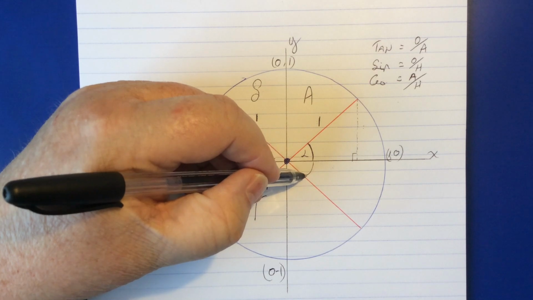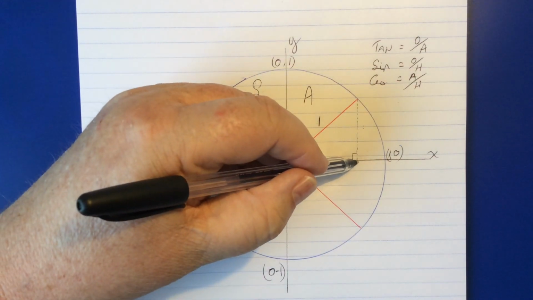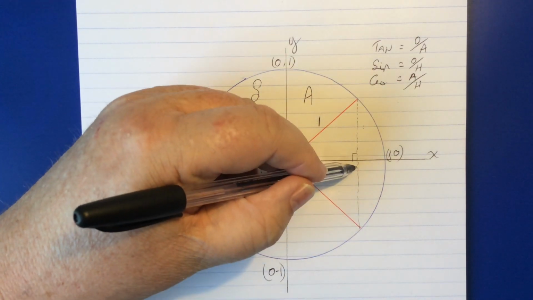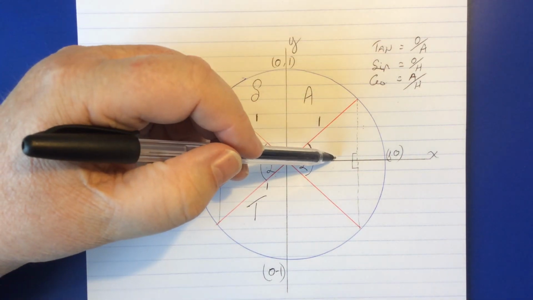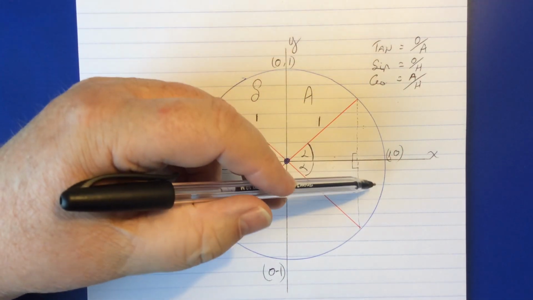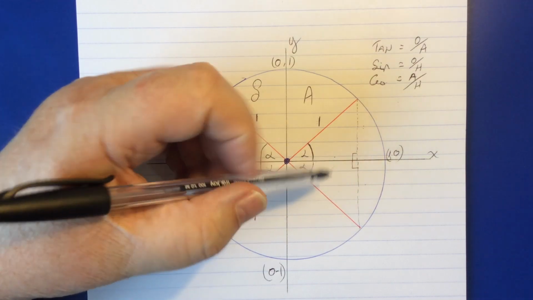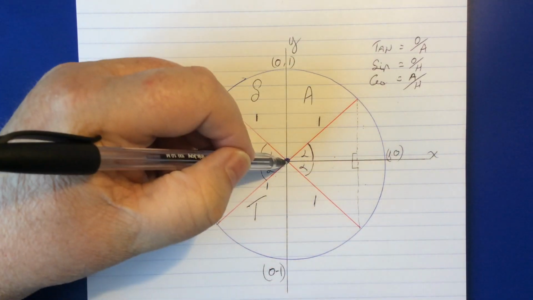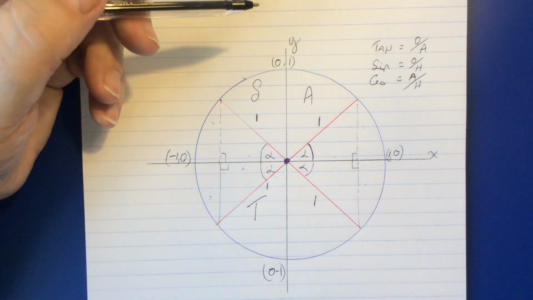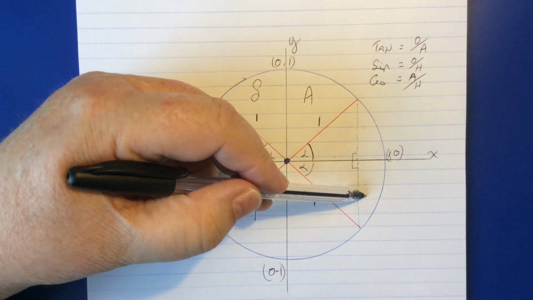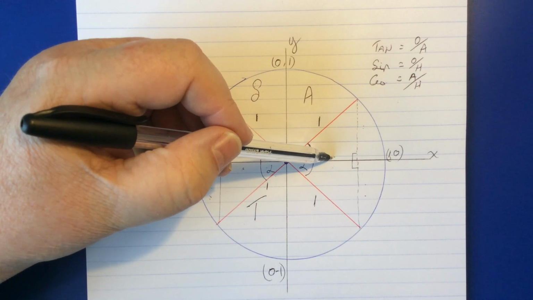Moving on. The last quadrant. Draw in our triangle. Positive values on the x-axis, negative values on the y-axis, positive value for the hypotenuse. Okay, so let's start with a tangent. Opposite over adjacent.